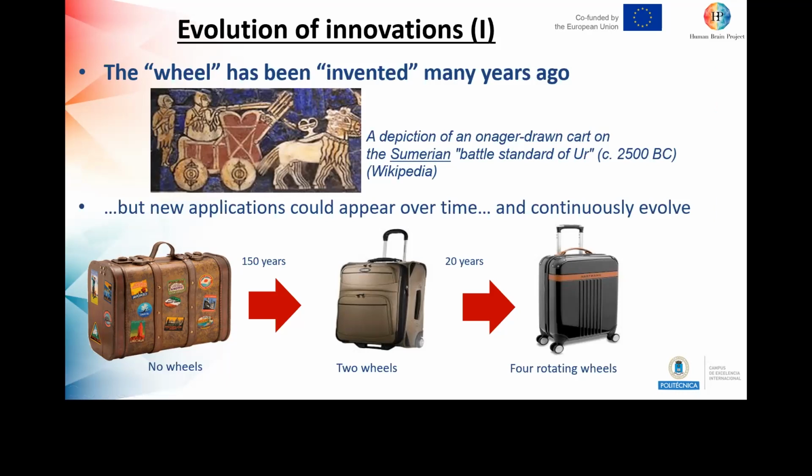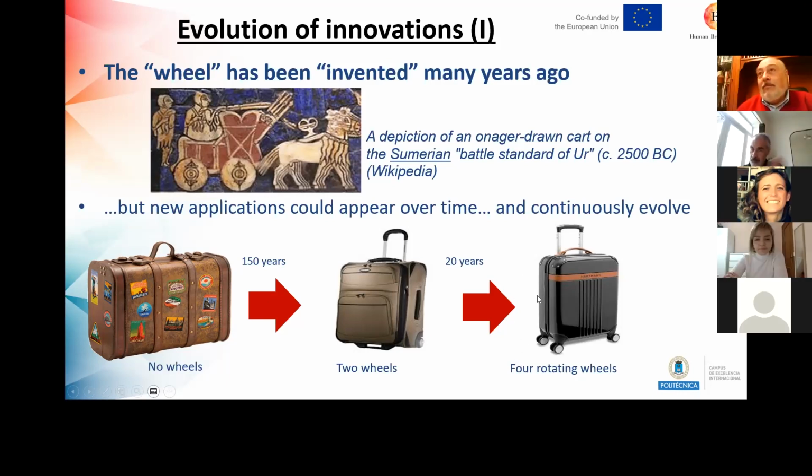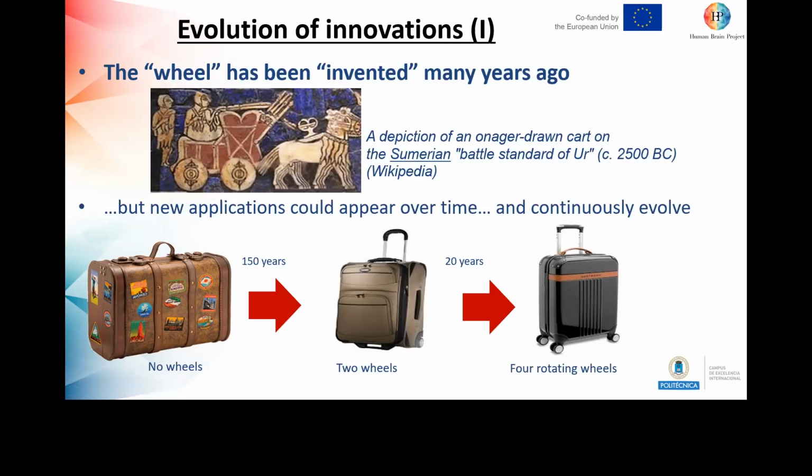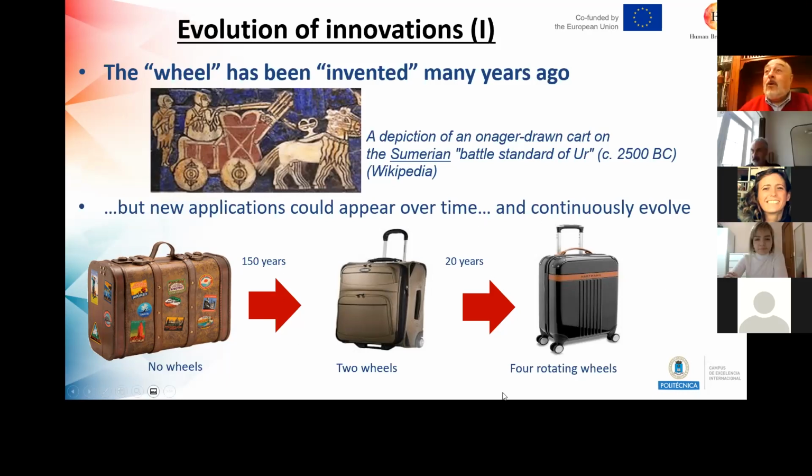But if you are going to the plane, today, unfortunately, we cannot travel too much, maybe you could use one of these models. They coexist in the market. It doesn't mean that with the idea of putting 4 wheels on the luggage, nobody could buy the other type of luggage. All of them coexist in the market. Another important element here is that innovation doesn't imply removing previous things from the market.